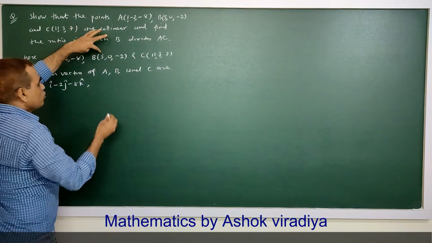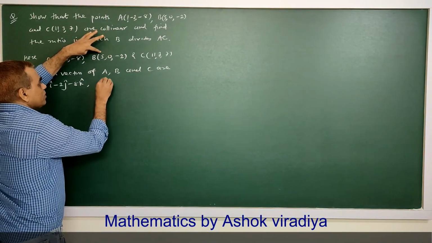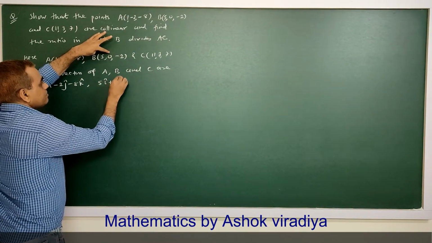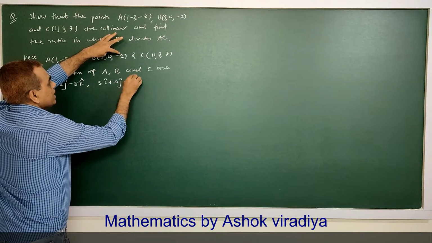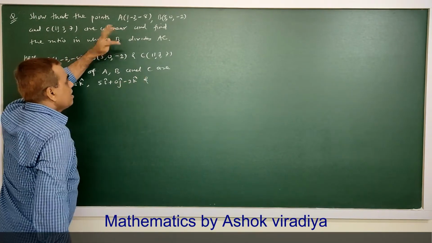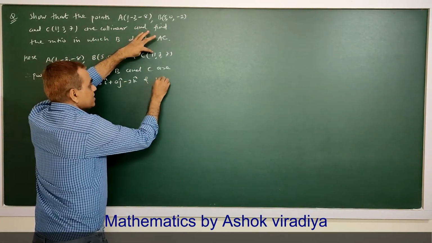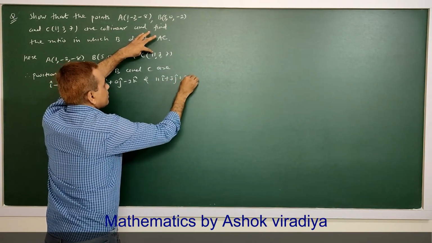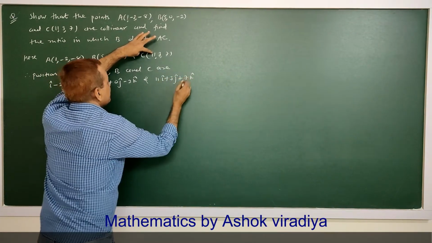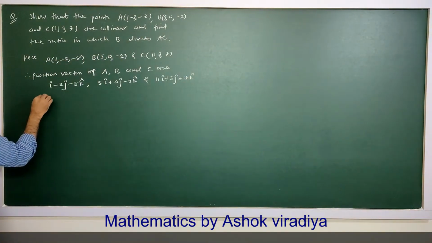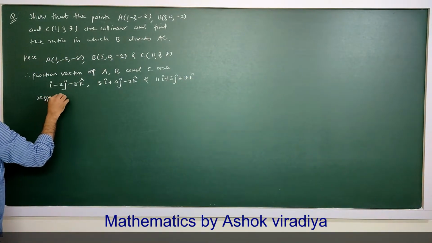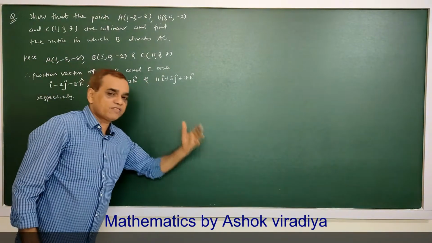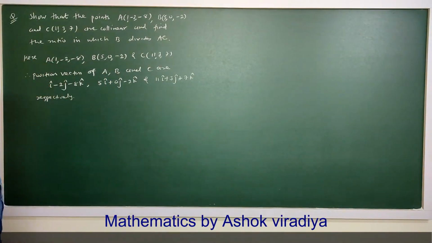The position vector of B is 5i plus 0j minus 2k, and the position vector of C is 11i plus 3j plus 7k respectively. So these are the position vectors of A, B and C.